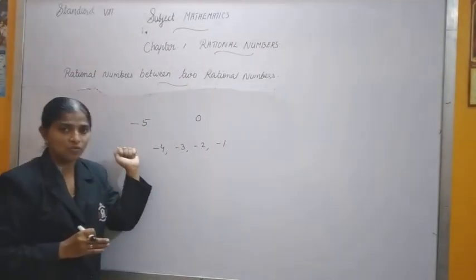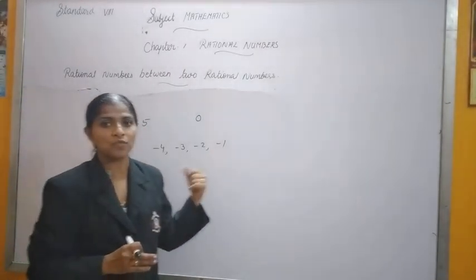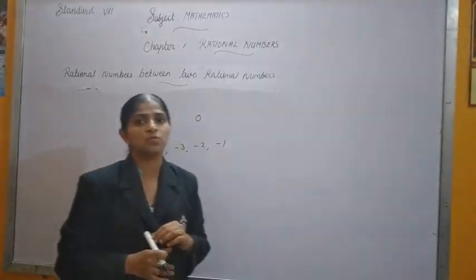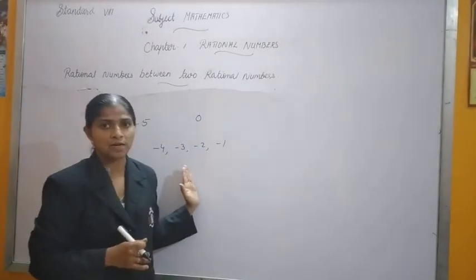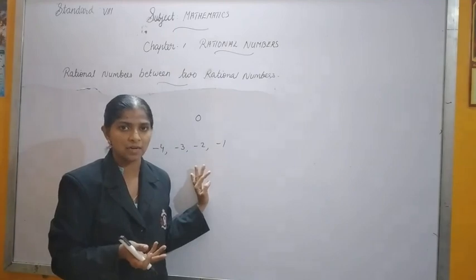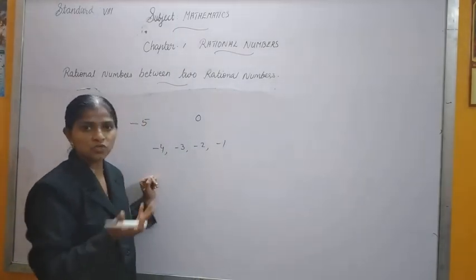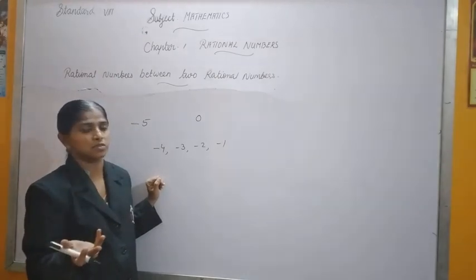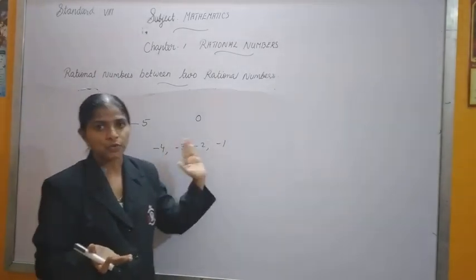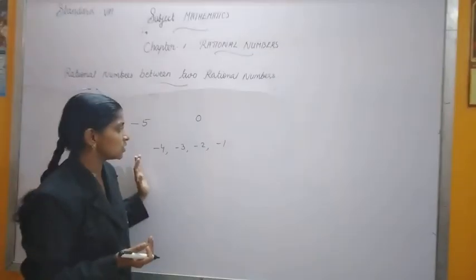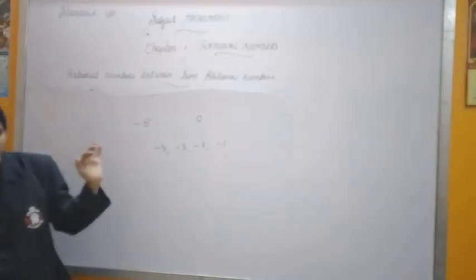Now we are going to study how to find the rational numbers between the given two rational numbers. We can write infinitely many. However many they are asking, that many we can give. Then different students can give different answers. I will show you how to find the rational numbers between the given two rational numbers.